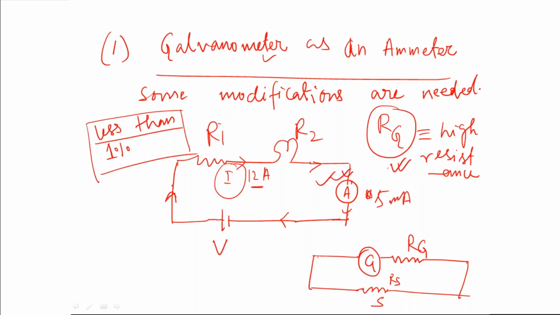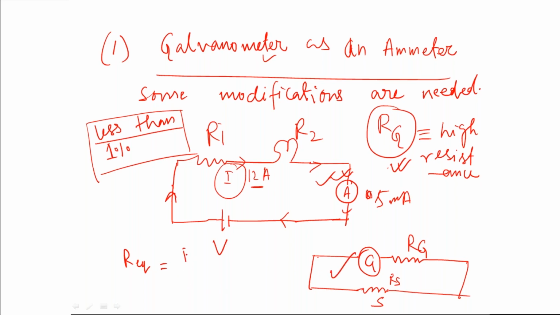So what will happen in this case? You have learned the equivalent resistance for this circuit. I know it will be Rg into Rs divided by Rg plus Rs.